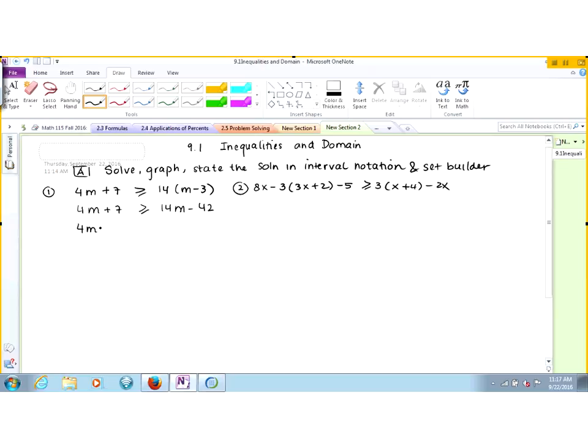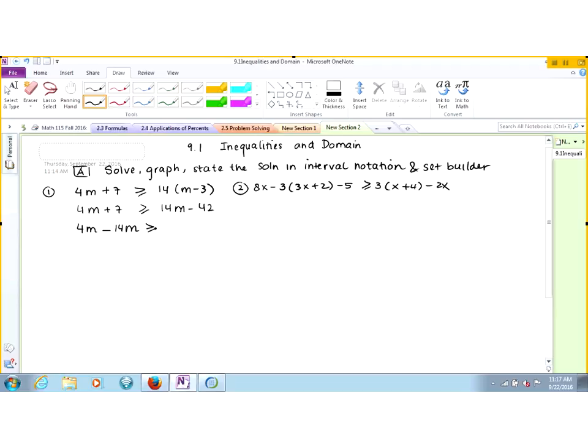I need 14m on the left, right? And what is the sign here? Positive. When it moves across this equal sign or inequality to the other side, the signs will be negative. So opposite. So 4m minus 14m. It's the same as subtracting 14m from both sides. It's just that I don't write the subtraction, but I will just bring the 14m to the other side.